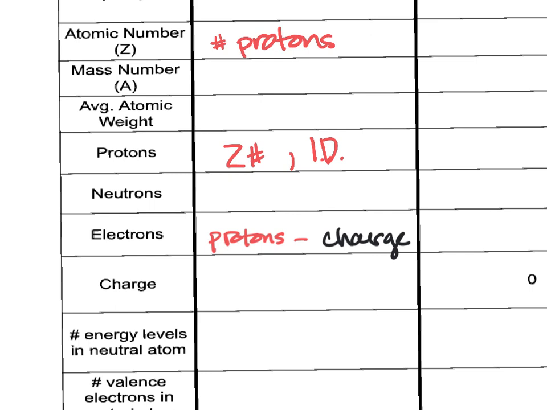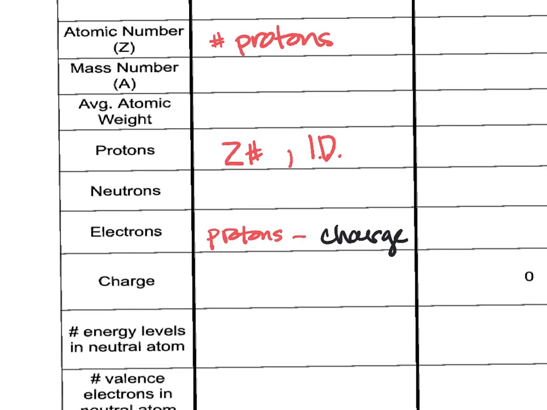Our charge, we can figure out by looking at the protons minus the electrons. The charge could be given as well on any isotope. Again, here we're dealing with isotopes, not just our element symbols. So we're looking at those specific isotopes that make up the element itself.